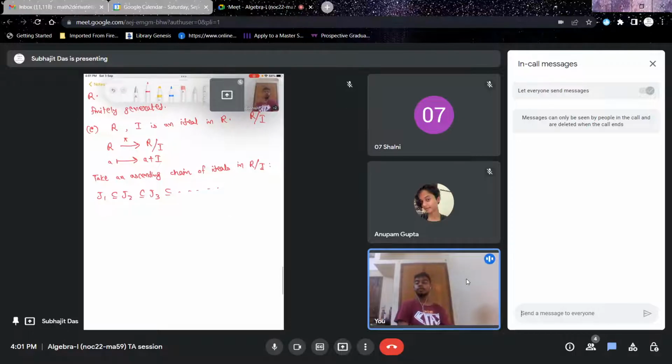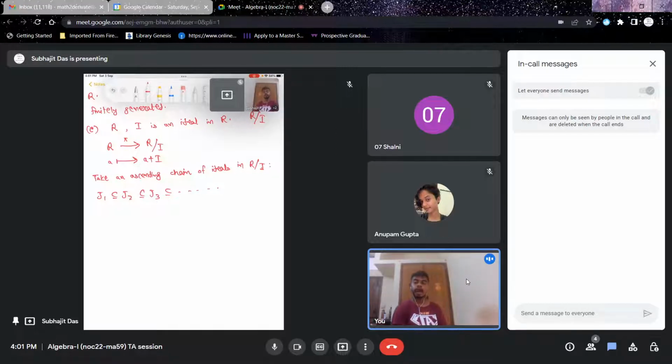What should we do here? We have to somehow exploit the fact that R is Noetherian. And we have obtained a sequence of ideals in R mod I. What can we do?